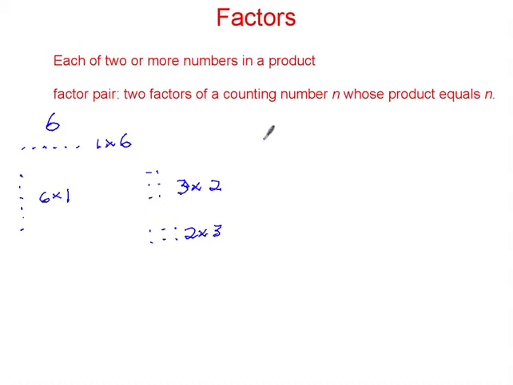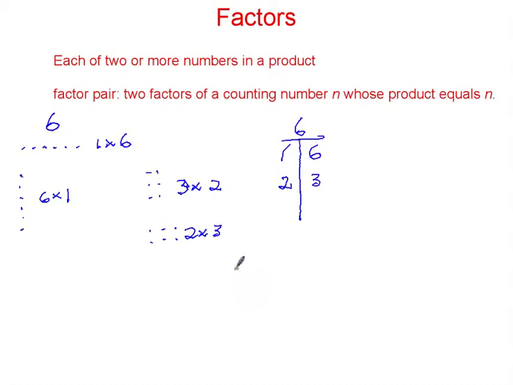So there are different ways that you can represent this, and the one that I like to use the best, I call a factor T. 1 times 6 is 6, and 2 times 3 is 6. I like to go in order, putting the smaller number on the bottom.